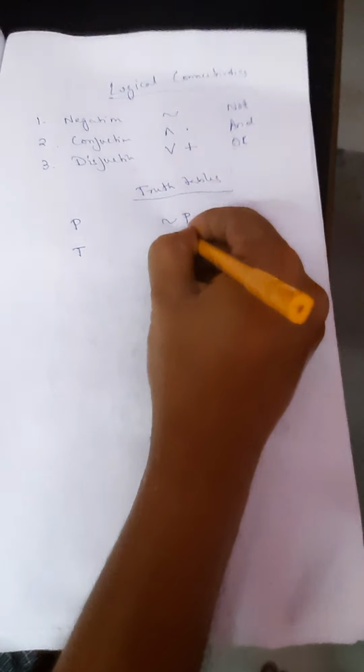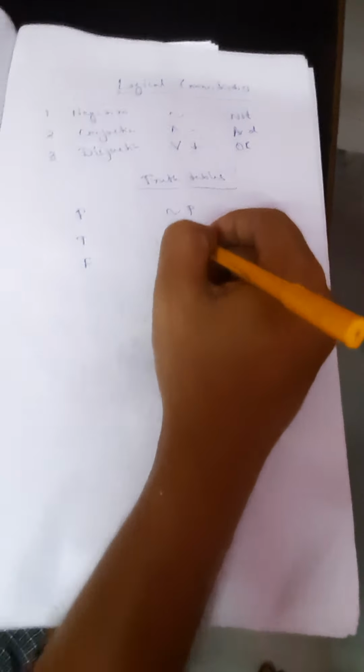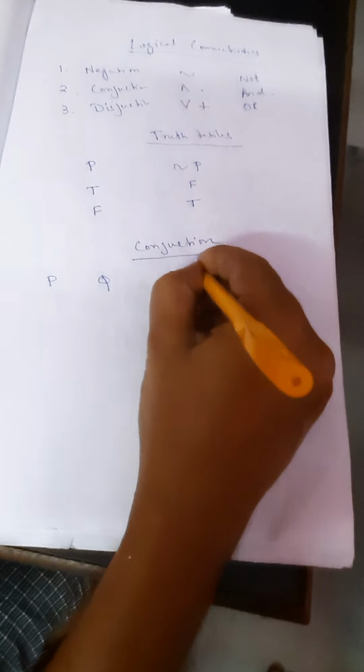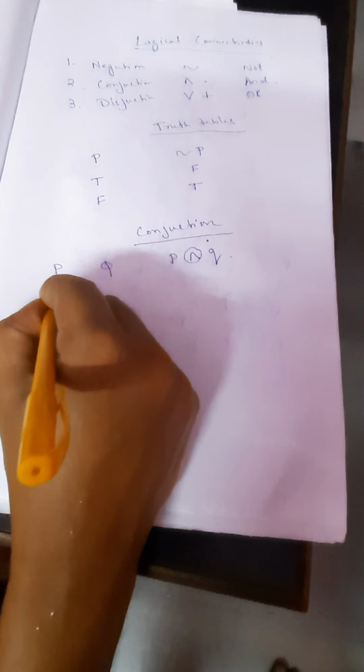Now we will go for the truth table of each of the connectives. Okay, first we go for the negation. If P is true, negation P is false. If P is false, negation P is true. Then we get the conjunction. We are making a table for this. This symbol is used in logic. We don't use this symbol, though the meaning is the same.